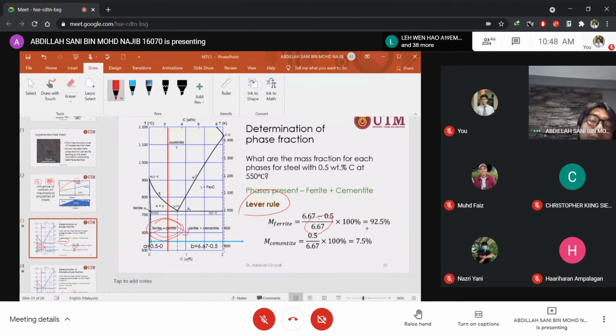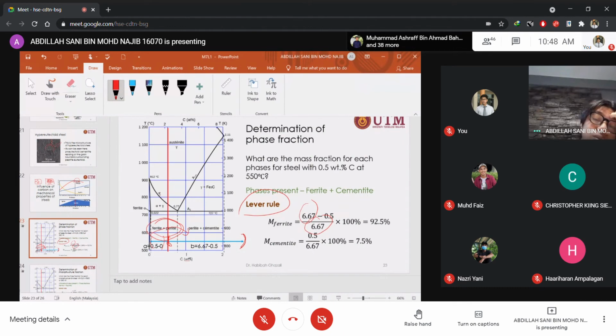From here to the end of the line is 6.67 minus 0.5, and the remaining we can use to calculate the phase fraction of the cementite.